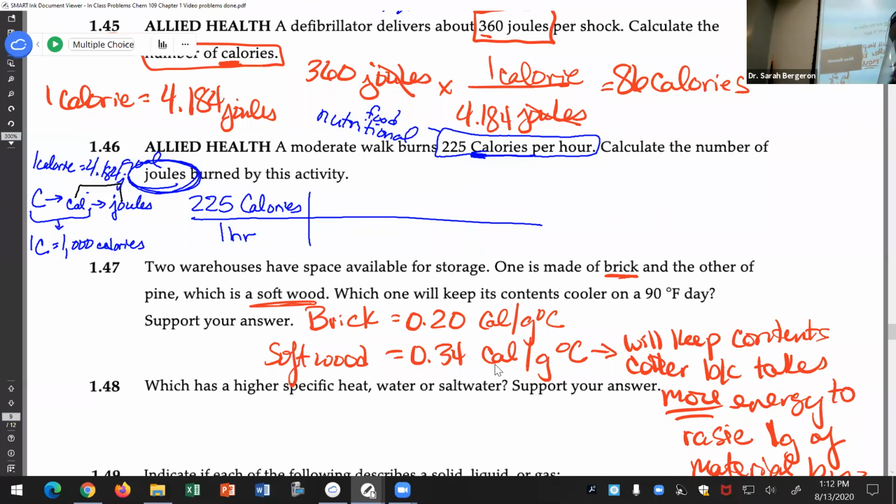So we first go from nutritional, putting the big C on the bottom: in 1 nutritional calorie, we have 1,000 calories. I usually just put a big C so that I know that's the big C, because sometimes it's hard to tell if it's a capital or lowercase, but it's supposed to be lowercase.